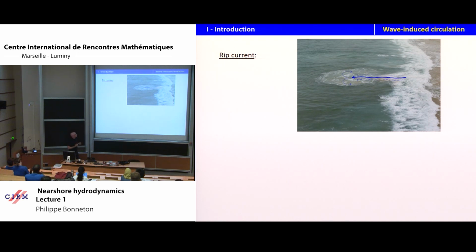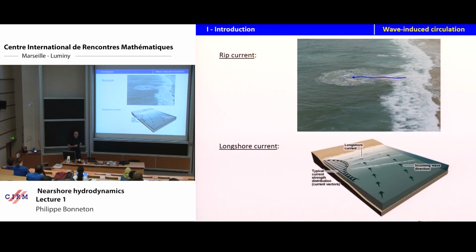It's very intense. And these rip currents control, in particular, the transfer of sediment from the land to the sea. It is also a major cause of drowning over the world.